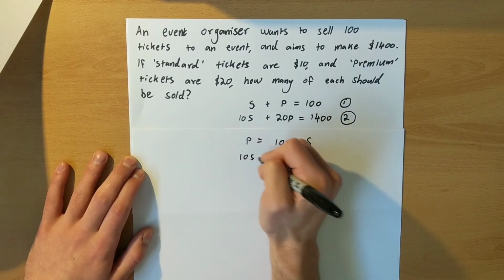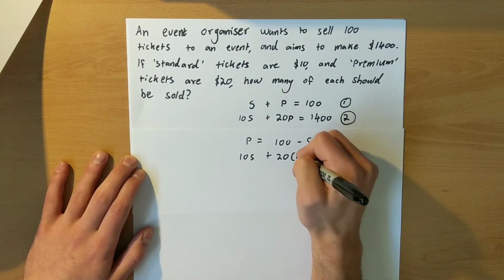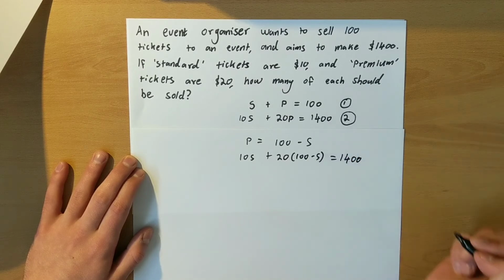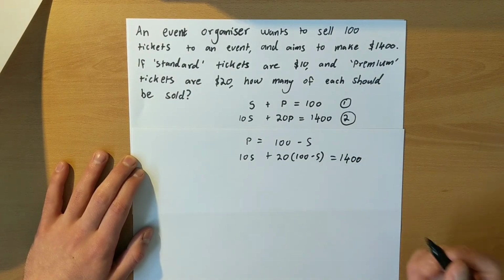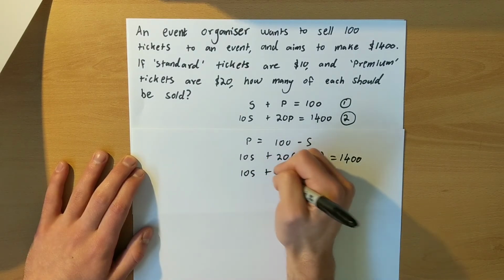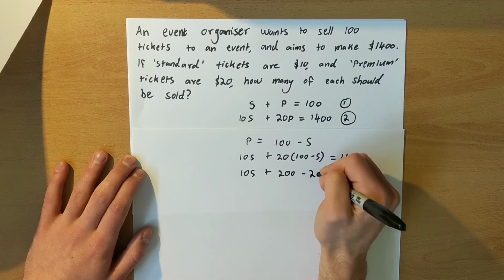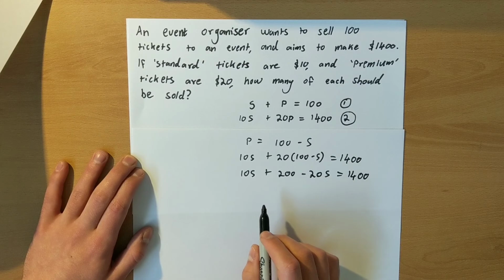So 10S plus 20, and now instead of P, I'm going to write 100 minus S equals 1,400. And now I can solve this because it's just a linear equation with one variable. I'm going to do that by expanding the brackets first. And then I can solve.